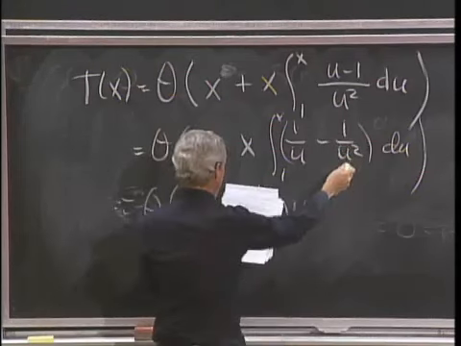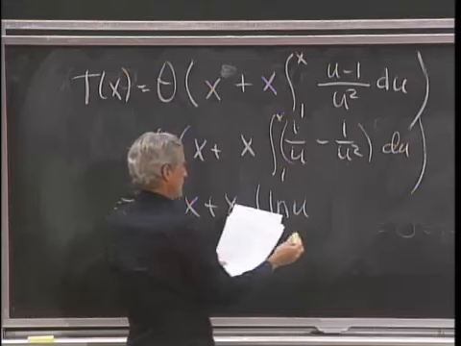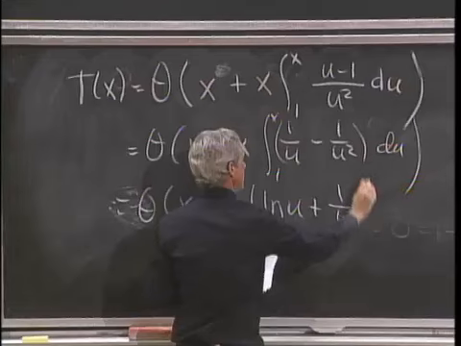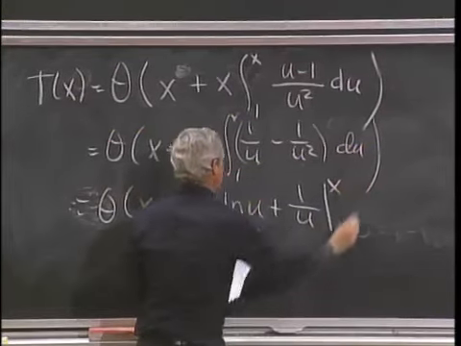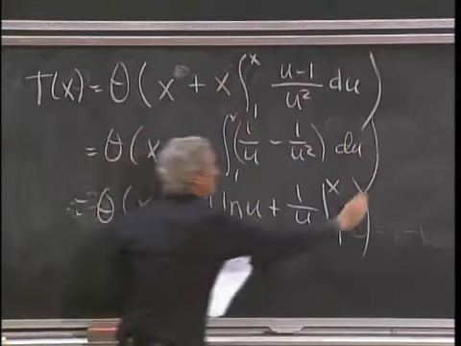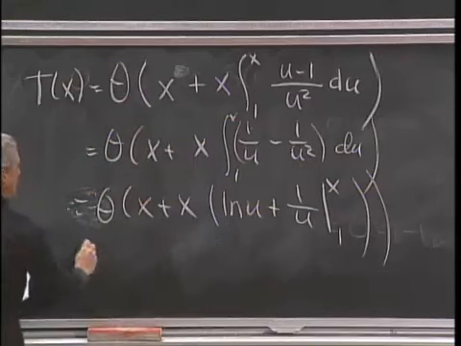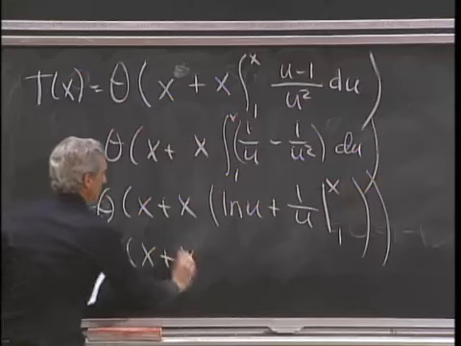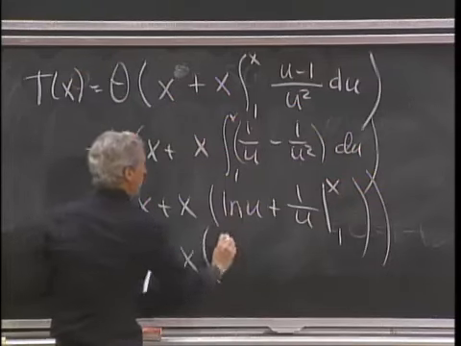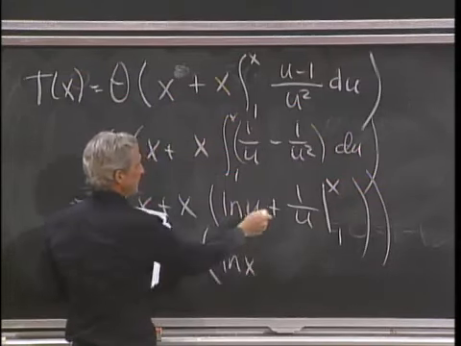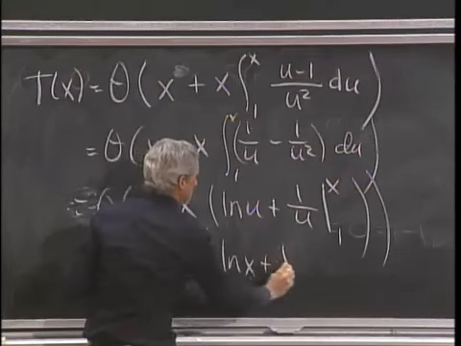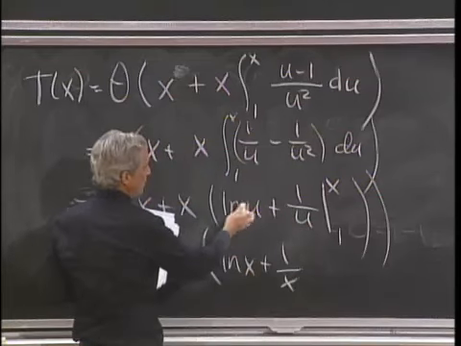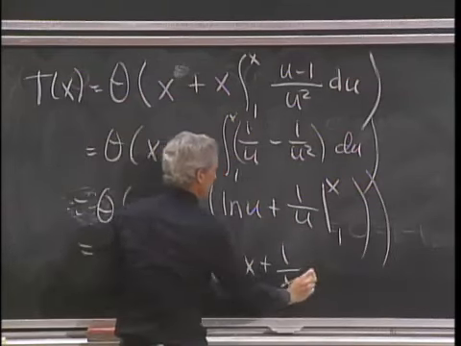The integral of 1 over u squared is 1 over u, but I changed the sign there. From 1 to x. So I get theta of x plus x times log of x plus 1 over x minus log of 1, and log of 1 is nothing, minus 1.